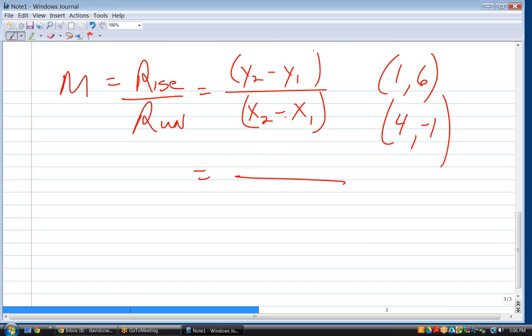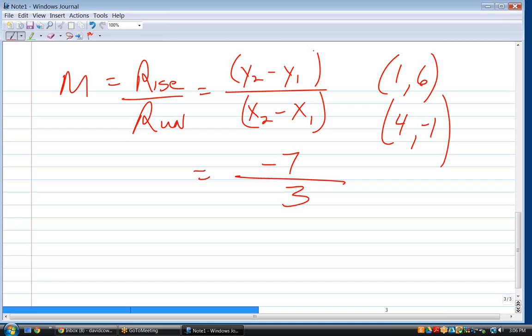Okay. We can go whatever order we need to here. We can go this minus that as long as we go this minus that in the bottom. We could also go this minus that in the top, which would be 8, and then the bottom would be 1 minus 4. But we'll go your way. Minus 1 minus 6 is minus 7, and 4 minus 1 is 3.